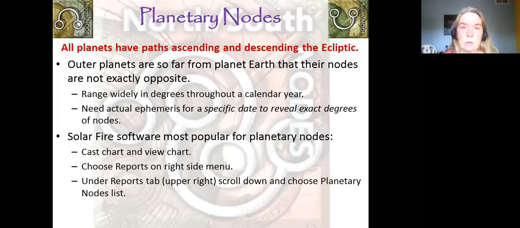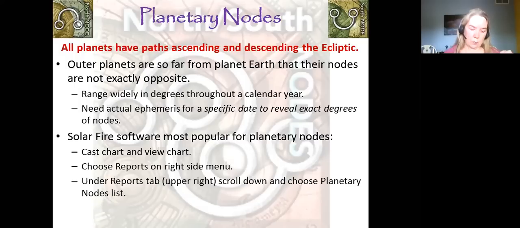The north node of the moon is where the moon's path crosses the ecliptic and goes above it. Two weeks later, the moon's path crosses south of the ecliptic and goes below it. The ecliptic is the apparent path of the sun around Earth. All planets have a south node, north node. However, the moon's pretty close to Earth, and all the other planets are so far away that their nodes are not exactly opposite.